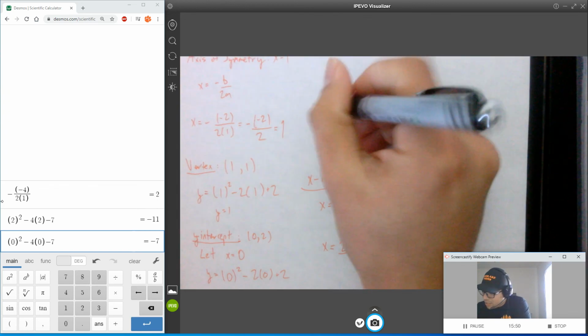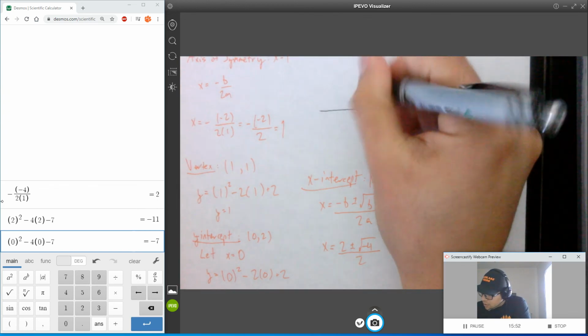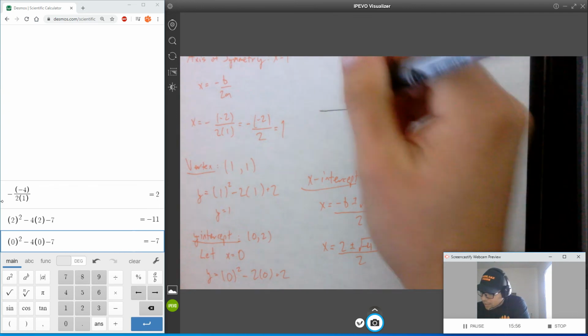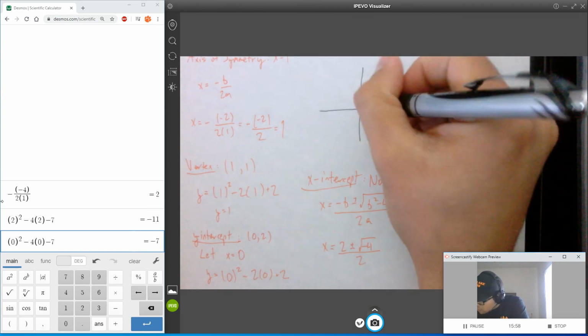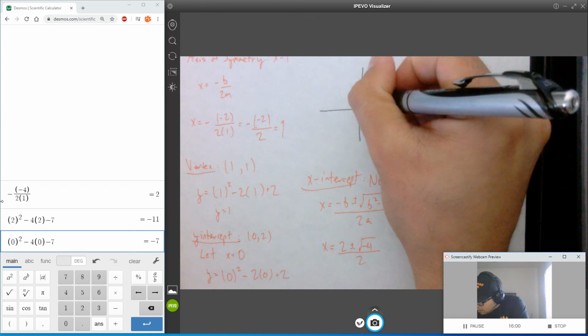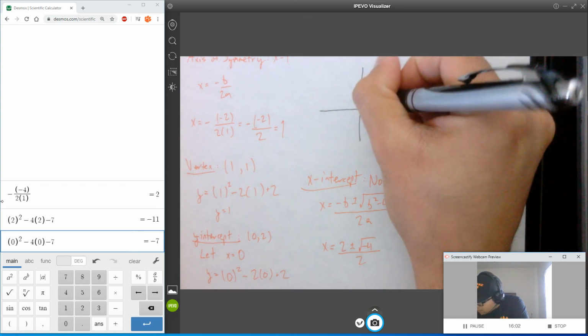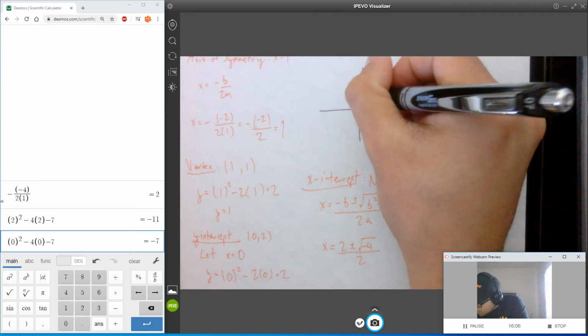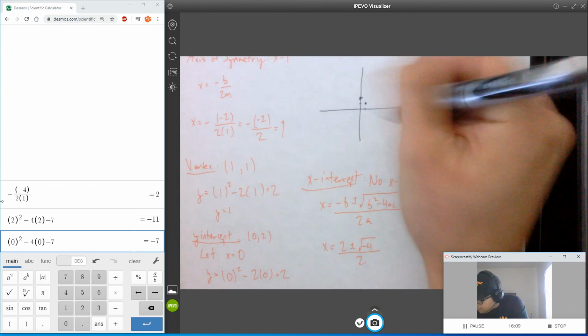if I were to draw a sketch using this information that I found, let's say, for example, my vertex is 1, 1. So that's 1, 1 right there. And my y-intercept is at 0, 2 right there.